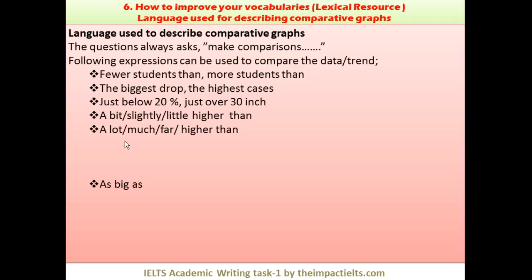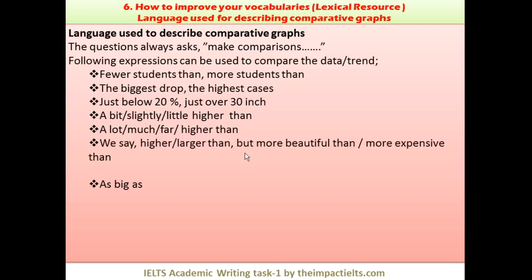So we can say Audi is a lot more expensive than Wagoner. It simply gives the idea that the difference is very big. So you can say a lot plus comparative form, much plus comparative form, or far plus comparative form. These are very important. Please keep in mind that if you are able to use them, it will demonstrate an advanced level of comparative expressions.